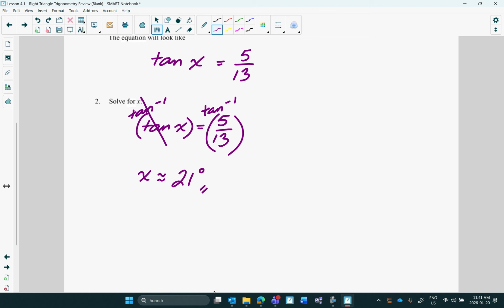Okay, so that's a review. Exercise 4.1 is all on right triangle trig. I just want you to get used to the ratios again and solving algebraically, because we're going to go past this stuff this year. What happens when we're given a non-right triangle? What do we do?